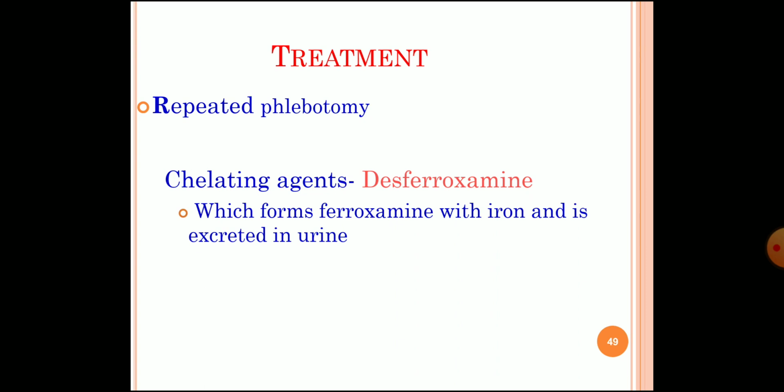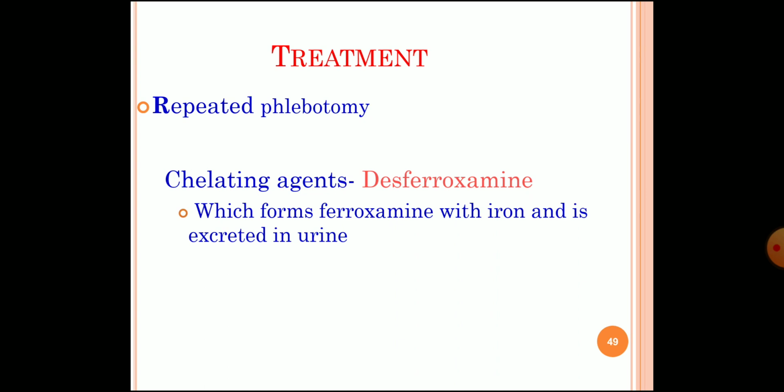That is another method by which you can treat iron overload. And you have to monitor when you are giving repeated blood transfusion to patients under treatment, like hemophilia or thalassemia. Okay, so that is about iron deficiency anemias and iron toxicity, that is hemochromatosis and hemosiderosis.